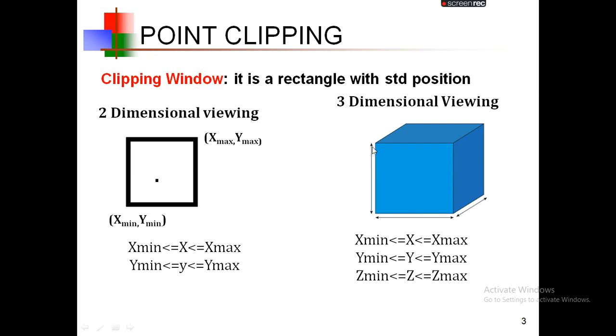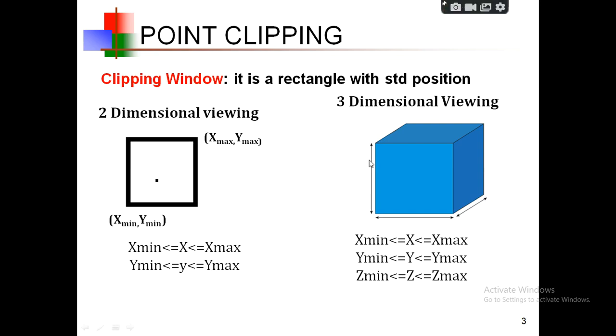As you can see, in the front end we have one viewing plane or clipping window, and the top end is also one clipping window, and on either sides we have totally 4 clipping windows. The shape of the viewing volume in a three-dimensional Cartesian reference frame is nothing but a cube structure.